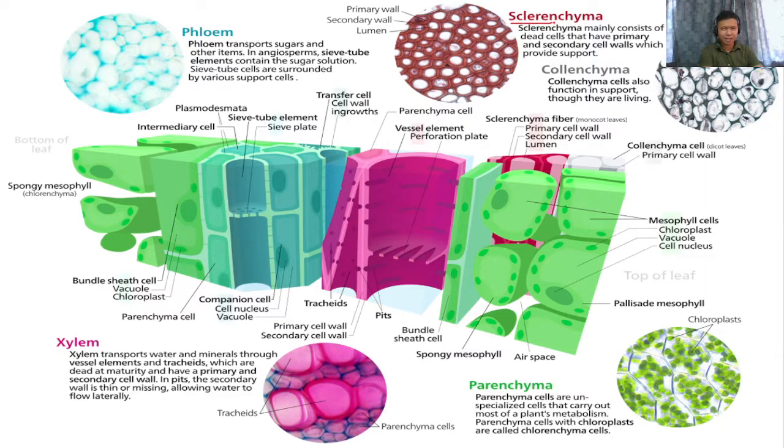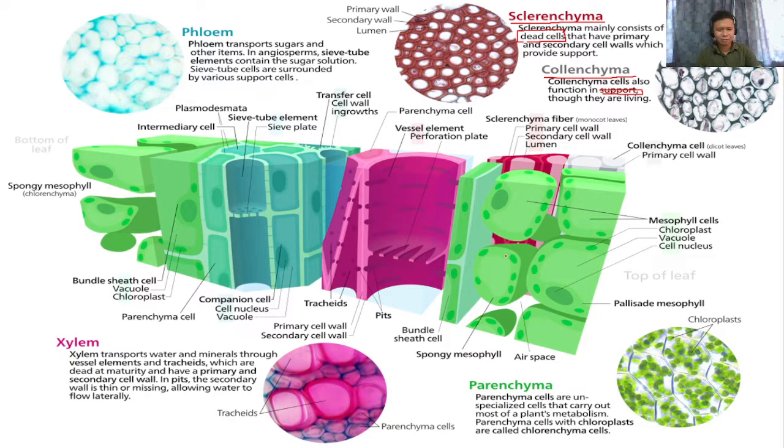For sclerenchyma, it consists of dead cells, okay, usually found at the bark of the plants. Okay, the hard covering bark of the trunk, okay, which prevents water loss and also provides support. Okay, collenchyma are also made up of tough cells, and they are mainly for support.